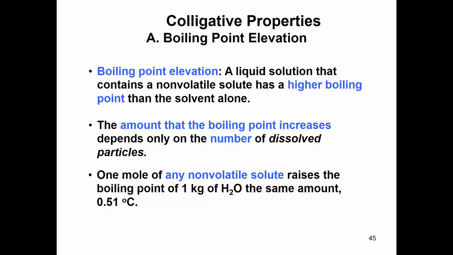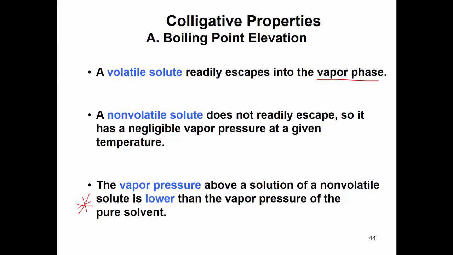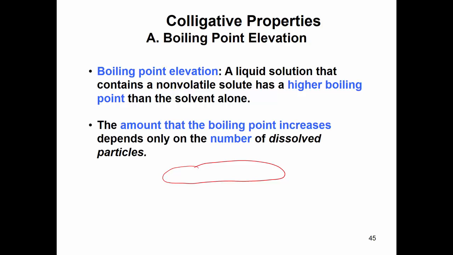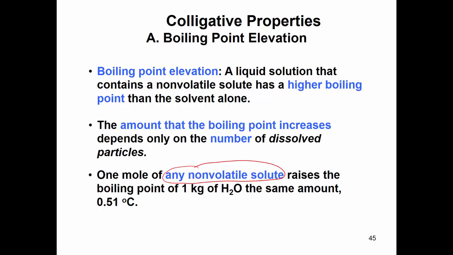That's what I was talking about earlier when we said colligative properties are not about the identity, because we can use any non-volatile solute, and it's going to raise the boiling point of 1 kilogram of water by the same amount, 0.51 degrees C. Non-volatile solutes do not want to escape into the vapor phase, and therefore they raise the boiling point of your solution.